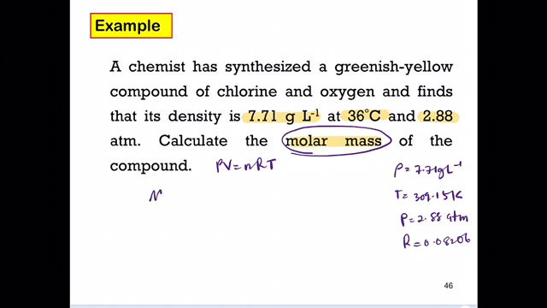So we will get the molar mass is equal to density RT over pressure.